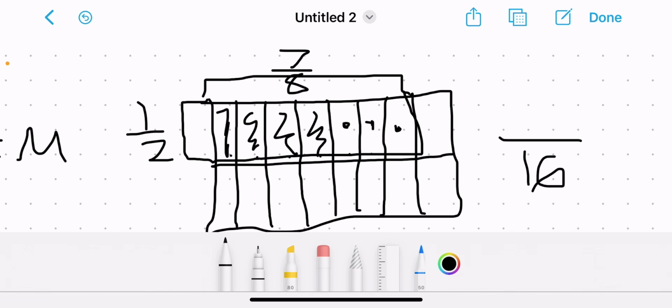The denominator of a fraction always represents the total number of parts. Then I'm going to count the number of shaded squares, which is my selected number of parts. 1, 2, 3, 4, 5, 6, 7. So 7 is my numerator because my numerator represents my selected number of parts.